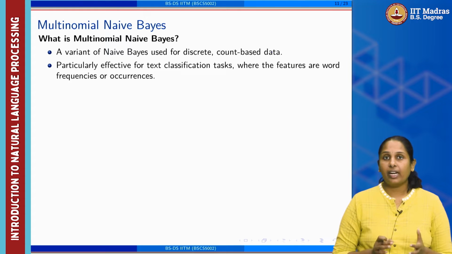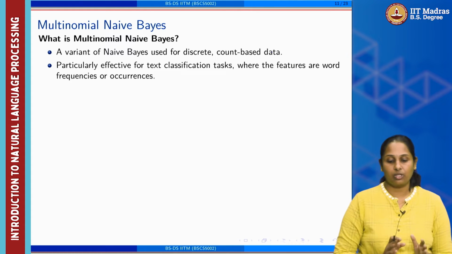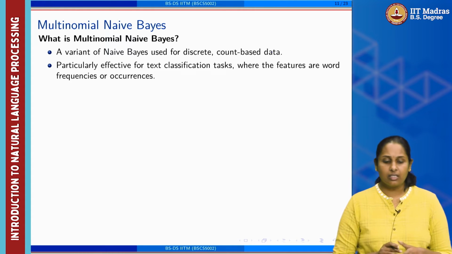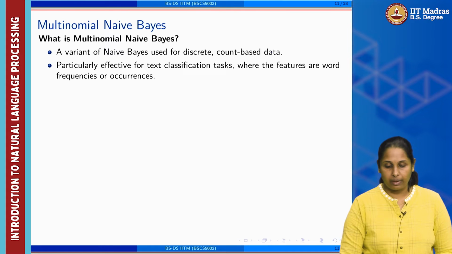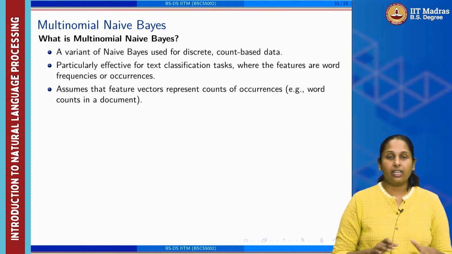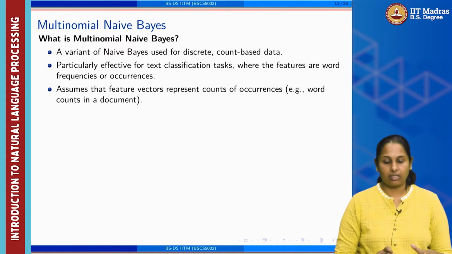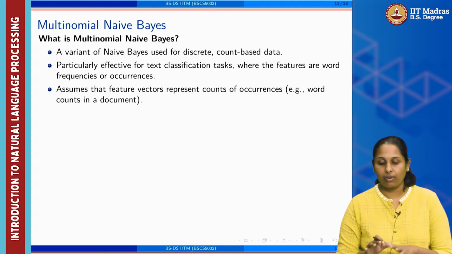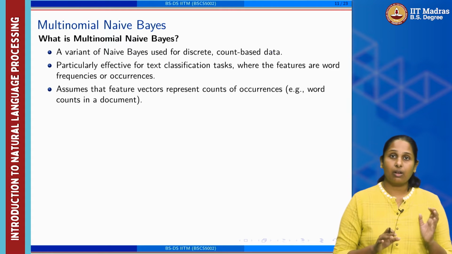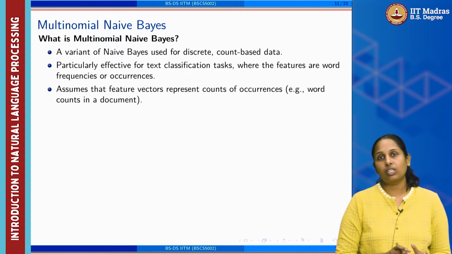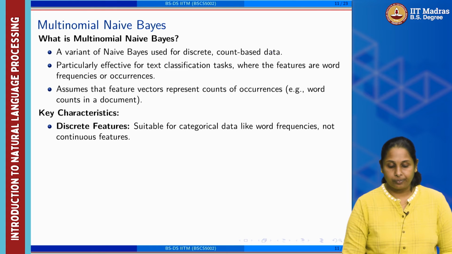So when we can identify the frequencies, especially word frequencies and occurrences, then we can use multinomial naive Bayes. Here it assumes that feature vectors represent the counts of occurrences. That means we are trying to identify the word counts in the document.